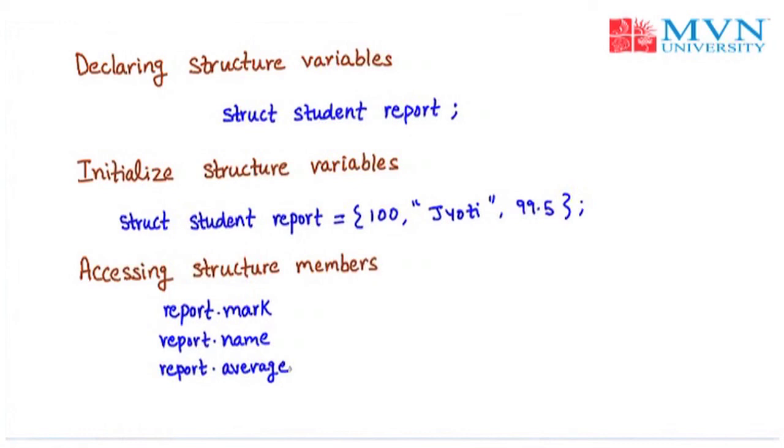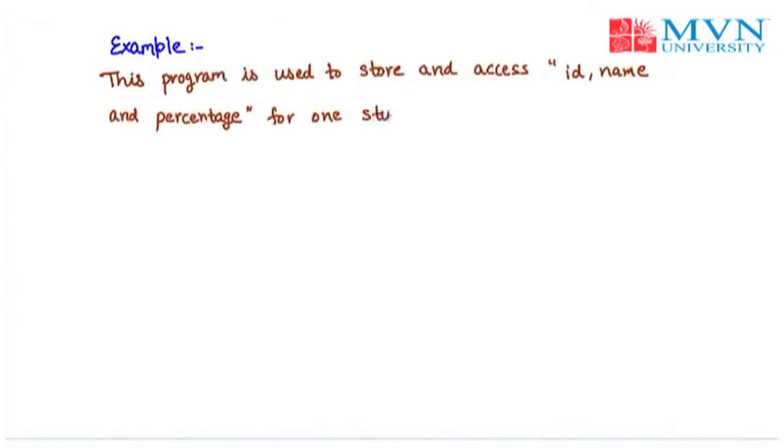Now let's take one example of a C program. This program is used to store and access ID, name and percentage for one student. We can also store and access these data for many students, but this can be programmed using the concept of array of structures that we will discuss later on.